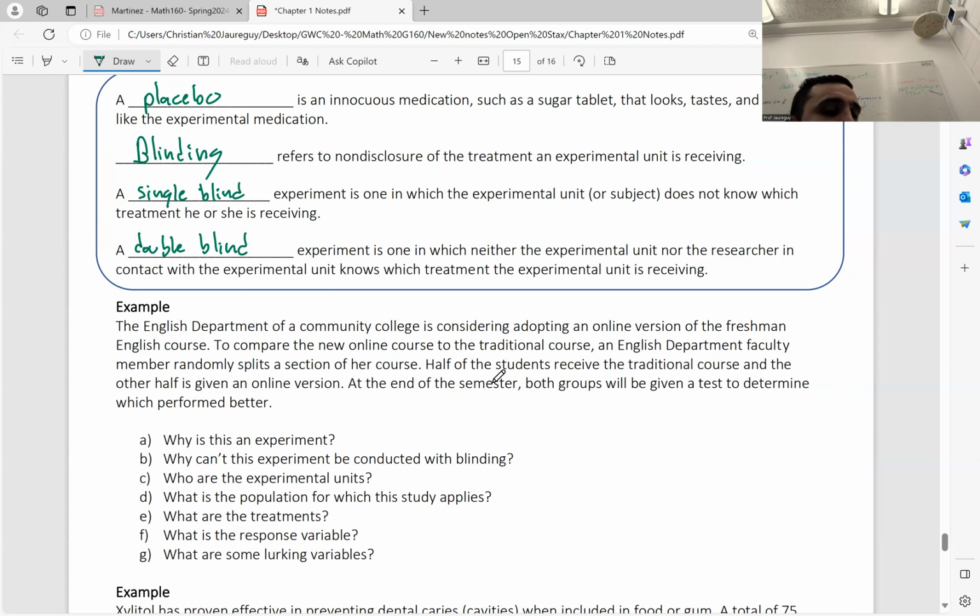Then they're given a test at the end. Why is it an experiment? Well, you tell me. It's because this teacher imposed the treatment. They decided you do this and you do this. So the teacher decided who's doing what.